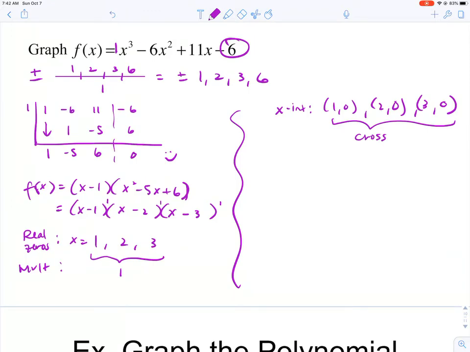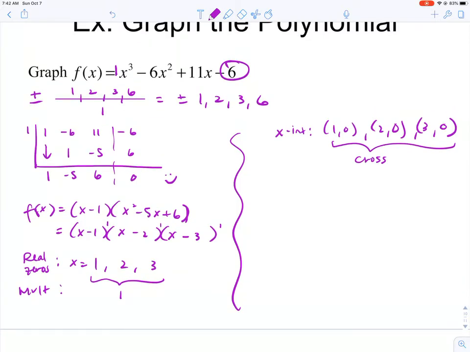Let's think end behavior. So this is a third degree polynomial, so an odd degree polynomial with a positive leading coefficient. So our end behavior will be like a line with a positive slope.